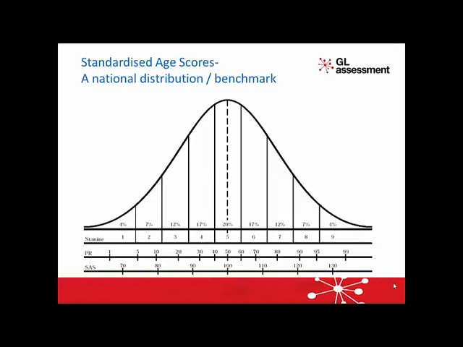This curve is subdivided into 9 stanines, which are standard 9s. What this means is that we have divided the curve into 9 equal parts, 1 to 9. Above the stanine numbers, you can see the percentage of the population, or data set, that falls into each stanine.